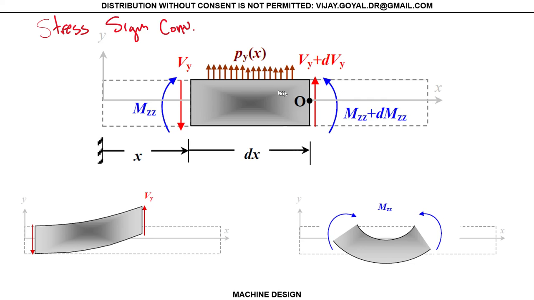This sign convention basically says that if this is my beam, and I take an infinitesimally small element, by infinitesimally small I mean that it is basically 0. It's a point. What we are doing is taking this small point and expanding it, so it looks like a rectangle, a square, or a big element, but really it's a point. I'm expanding on that point. That's what we really are doing.